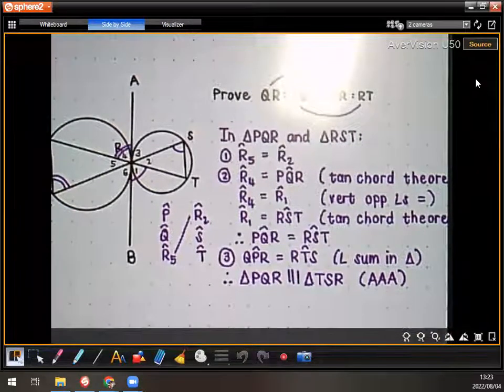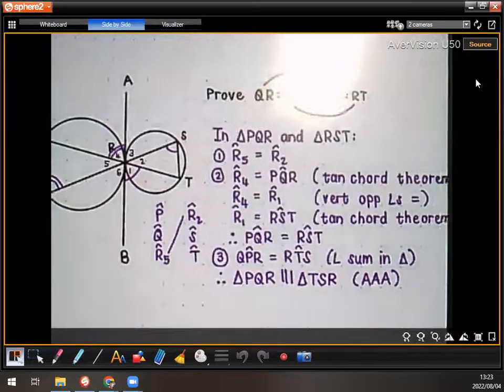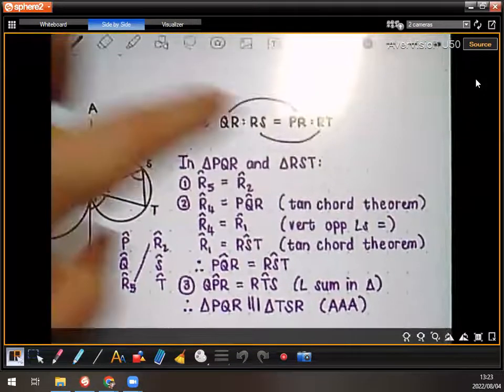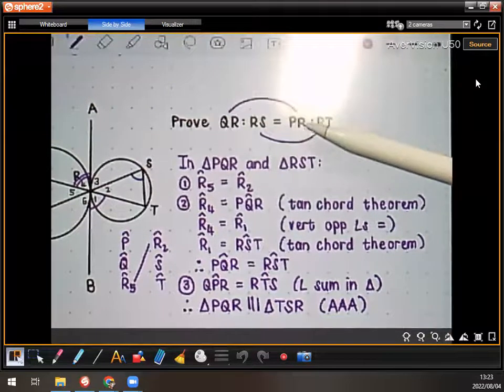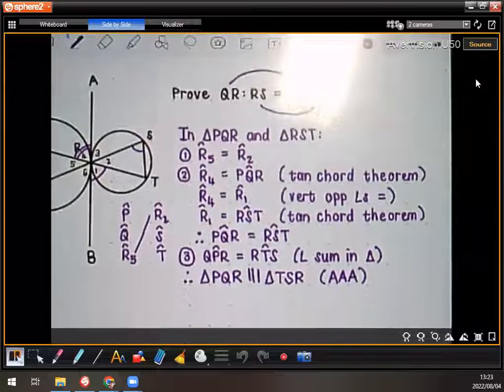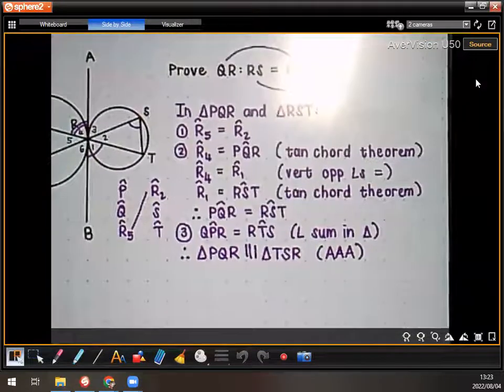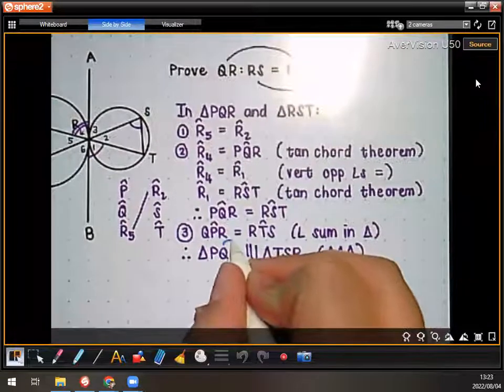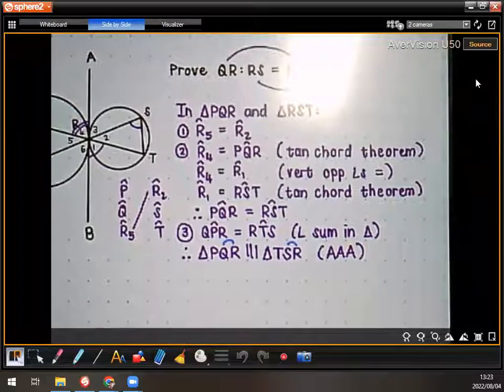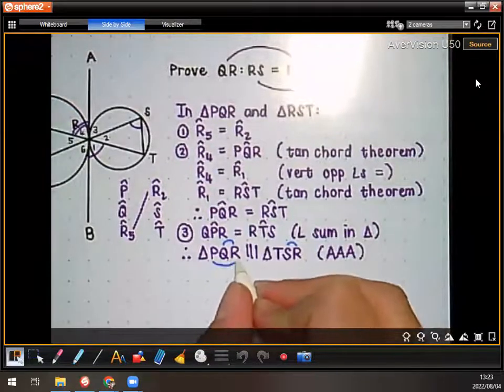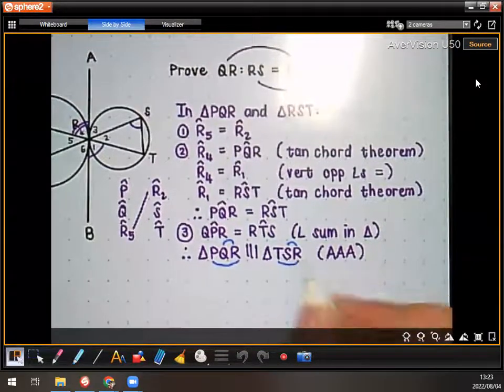But we're not done yet, right? We still have to prove what they actually asked us to prove, which was that statement at the top. QR to RS is equal to PR to RT. Let's see if we can get that straight away just by looking at our similarity statement. So QR to RS, that's the same as SR. Okay, so that works. And then what was the second one? PR to RT, which is PR, which is the 10.